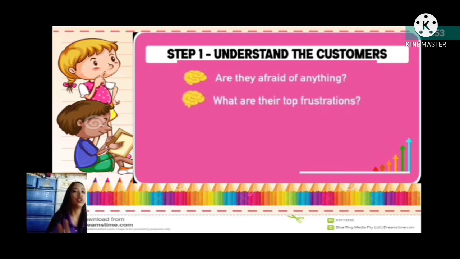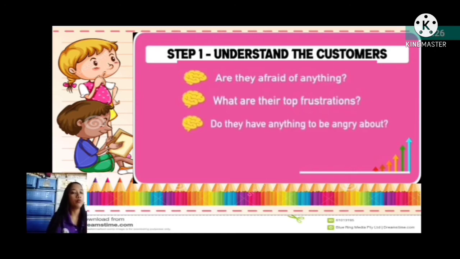So, you need to consider that. Next, what are the top frustrations of the customers? If you have a product, you might be asking yourself what frustrations the customers have in buying this product. So you need to be aware and understand their frustrations.